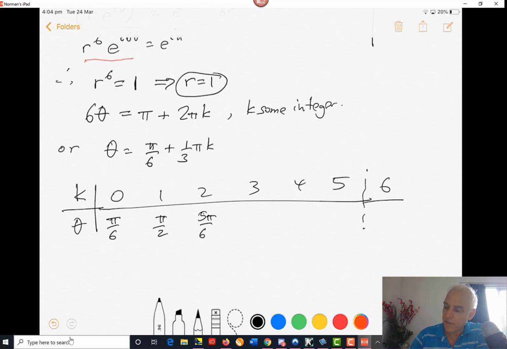When k is 3, then we're adding pi, so that's 7 pi on 6. And then we add another third, 9 pi on 6, and 11 pi on 6. If we added one more, we'd get 13 pi on 6, which is the same as just pi on 6, so it repeats.